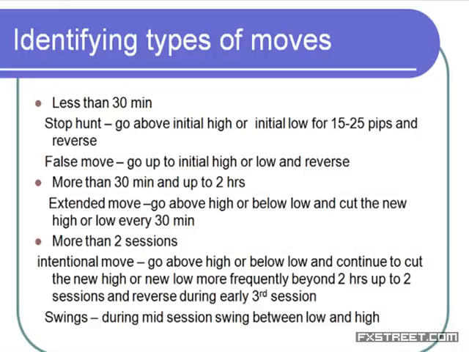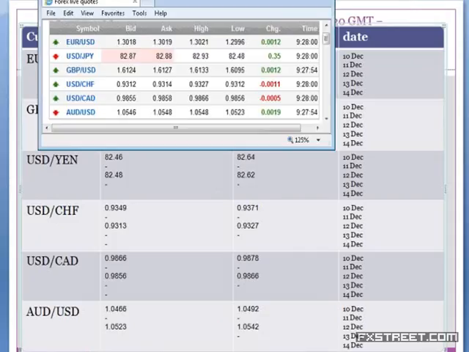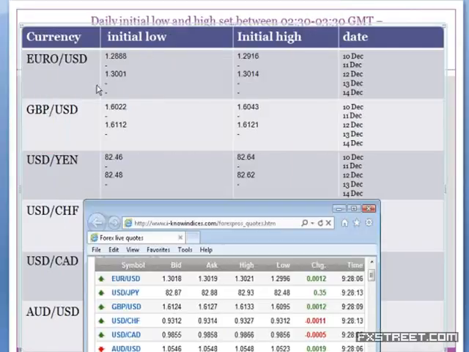Before that, let me show the other slide. Here you come across the initial lows and the highs. This is the slide I use while giving the Asian Session Live Market Analysis webinar.